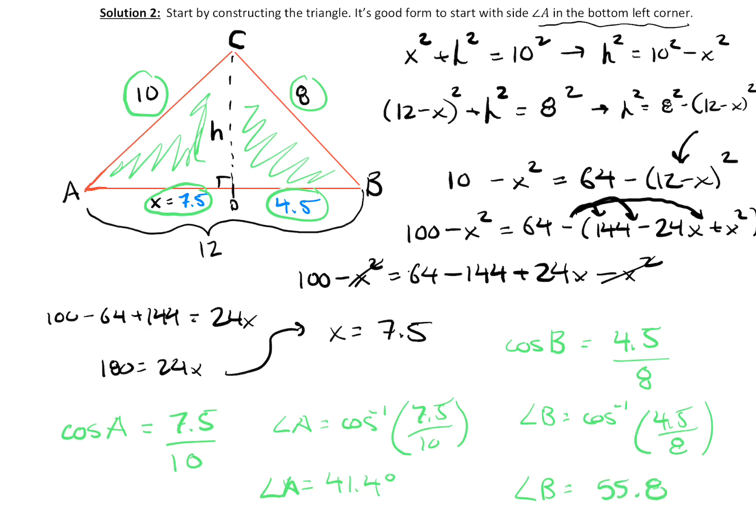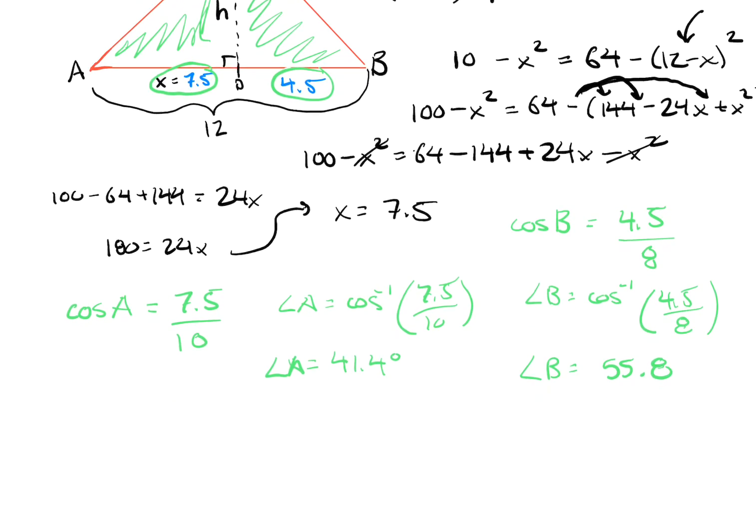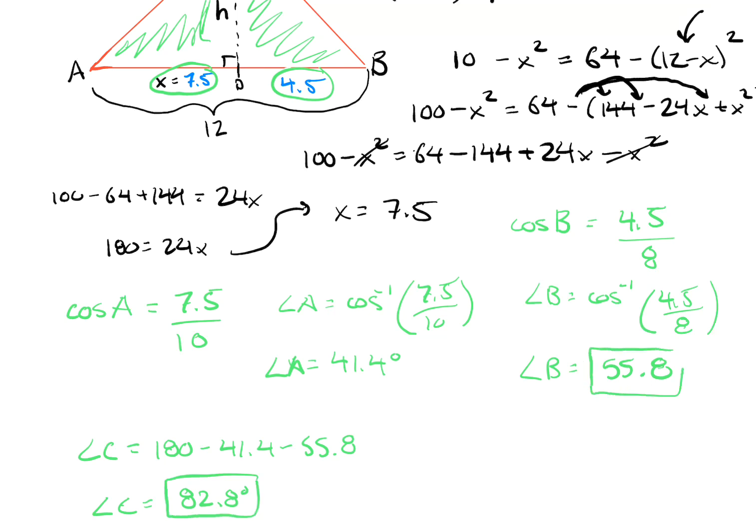And now you're basically there because you have 2 of 3, right? So that means angle C is equal to 180 minus 41.4 minus 55.8. Angle C is equal to, and you should expect it to be the biggest because it's the biggest side length. Biggest angle corresponds to the biggest side, and you get your 3 angles.